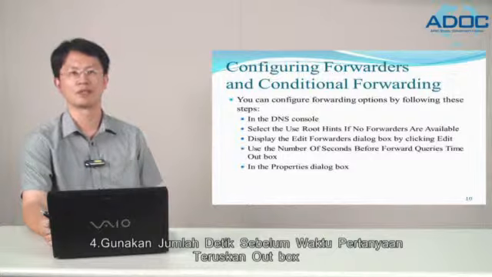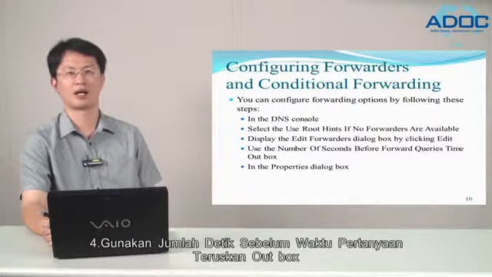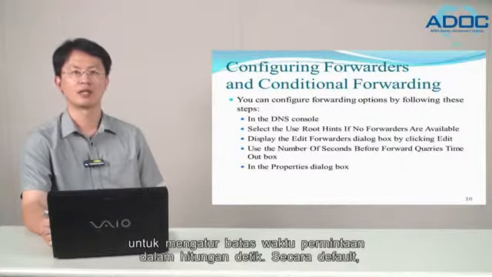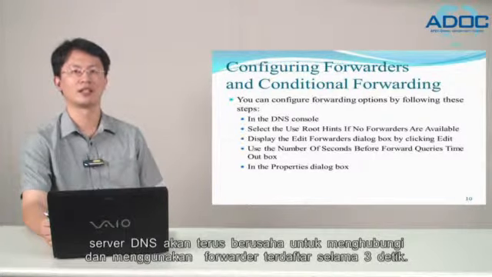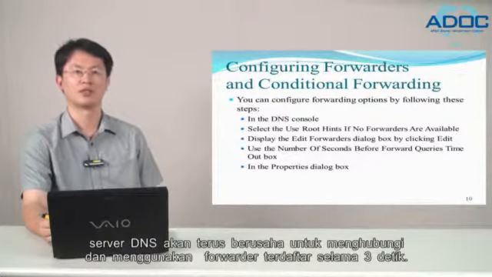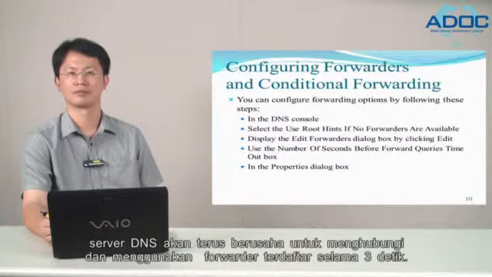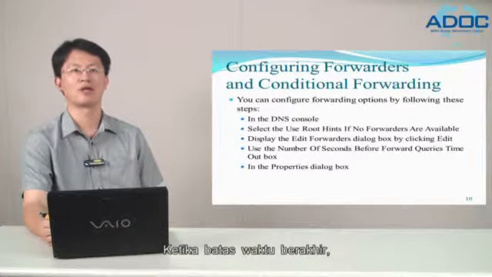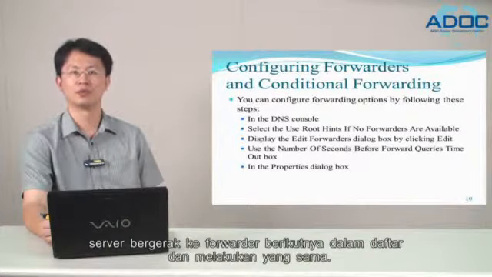Fourth, use the Number of seconds before forward queries time out box to set the query timeout in seconds. By default, a DNS server will continue to attempt to contact and use the listed forwarder for 3 seconds. When the timeout expires, the server moves to the next forwarder in the list and does the same.